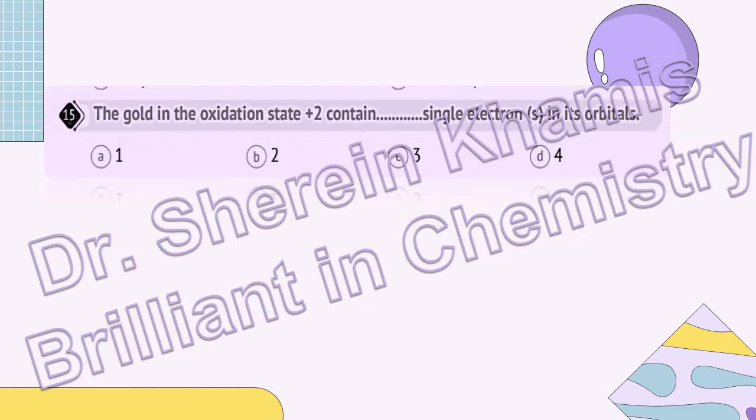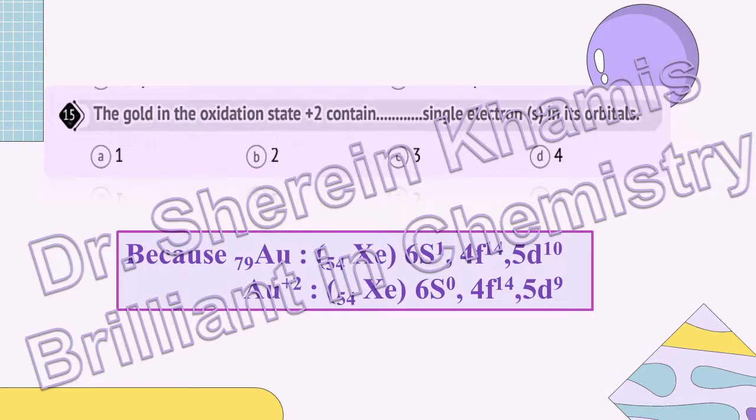If we have gold, Au, its atomic number is 79. Its electronic structure is xenon 54, 6s1, 4f14, and the last one here will be 5d10.